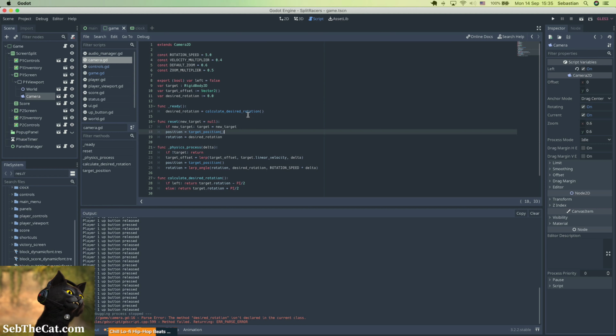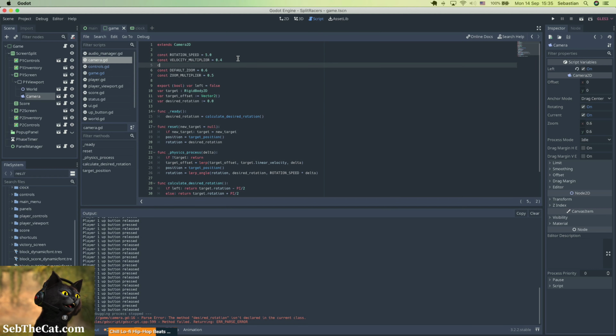So what we could do is create a const starting zoom of .1.